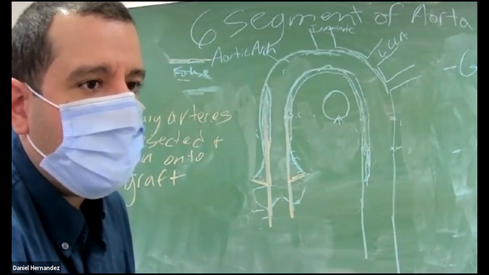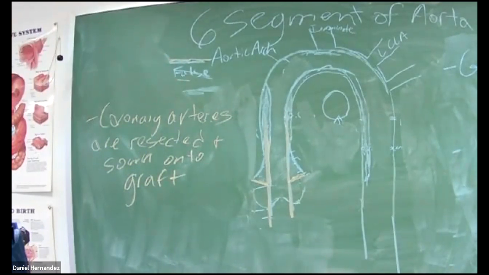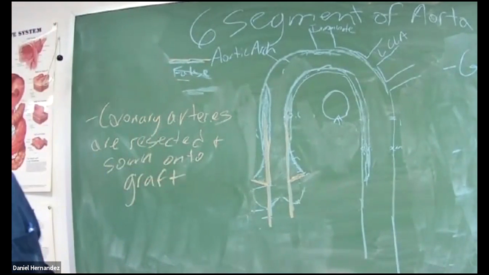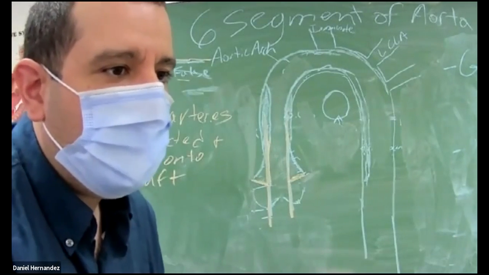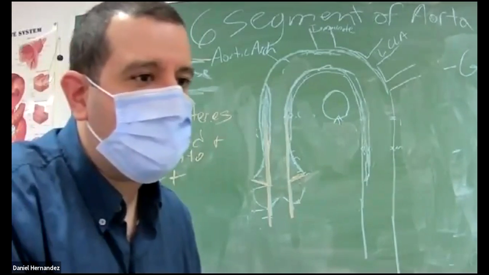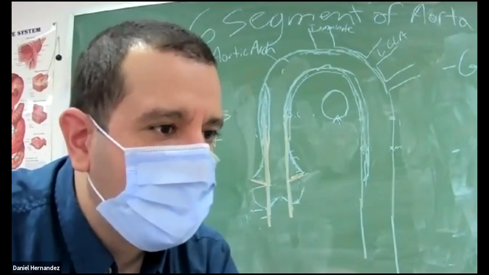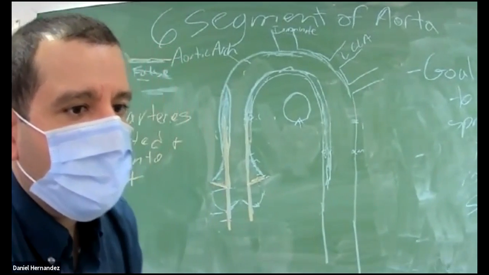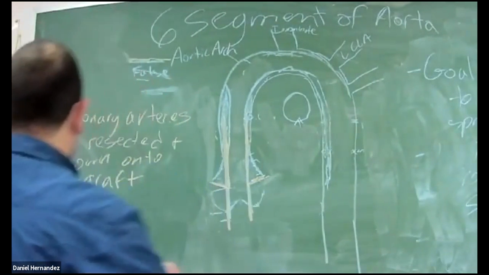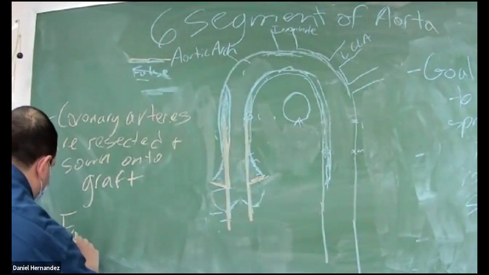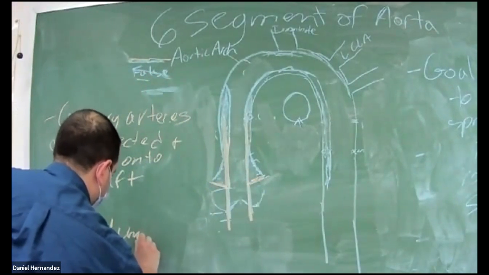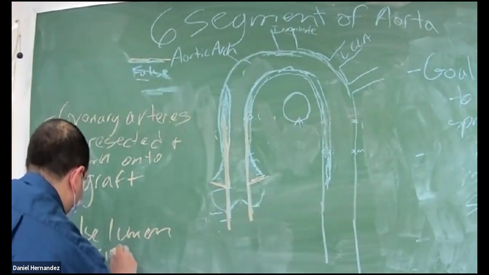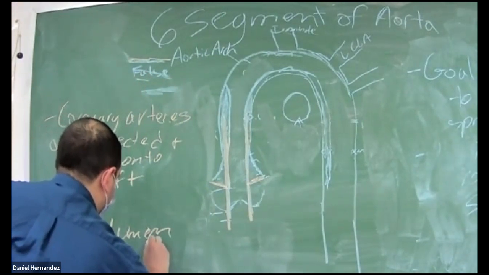And again, we also have to assess LV function post-surgery to ensure that the heart's getting good blood supply. And false lumen frequently persists after surgery, especially in the descending thoracic aorta.